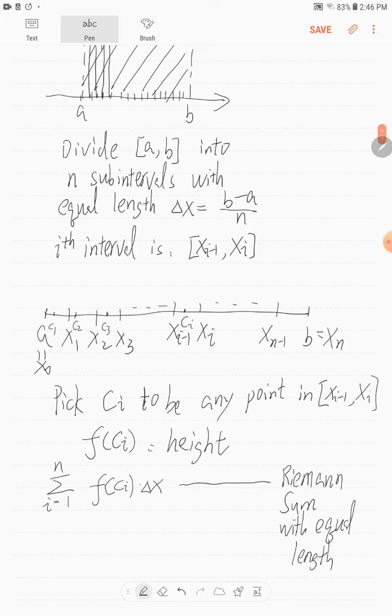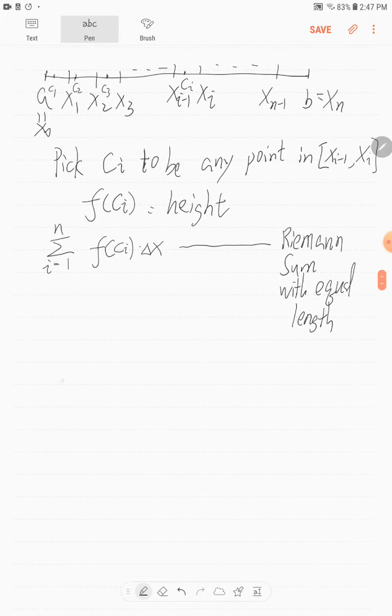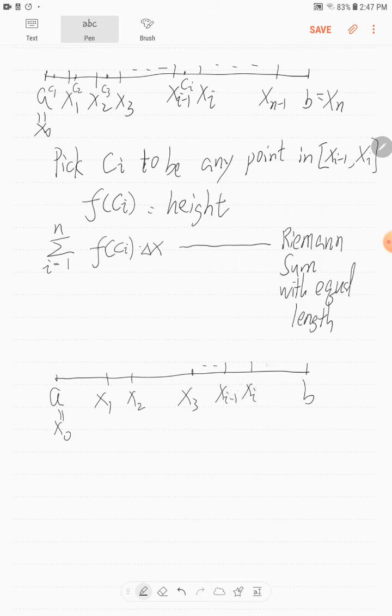Okay, actually, we don't need any equal lengths. So this is A, this is B. We can put this one x1, this is x0. Here is x2, and here is x3, for example, and here is xi minus 1, and here is xi, and continue.